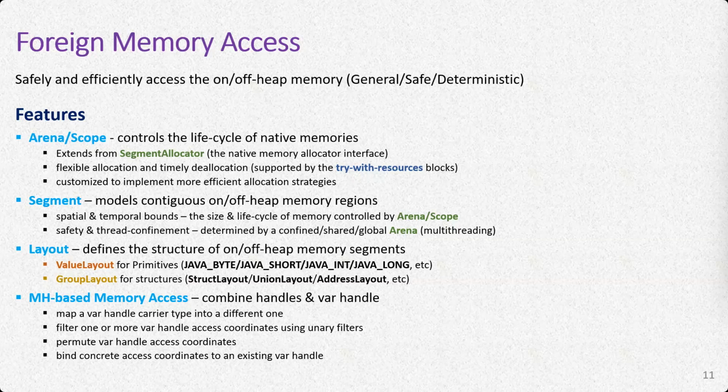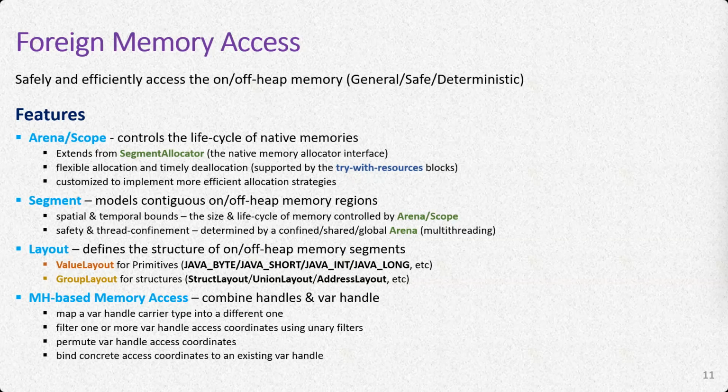In terms of the memory segment, it's an abstraction of memory which represents a contiguous region. So it has a spatial bound and a temporal bound, which means if the segment is allocated by an arena, it can be accessed only when the arena is alive, and there is no way to access it after the arena is closed.